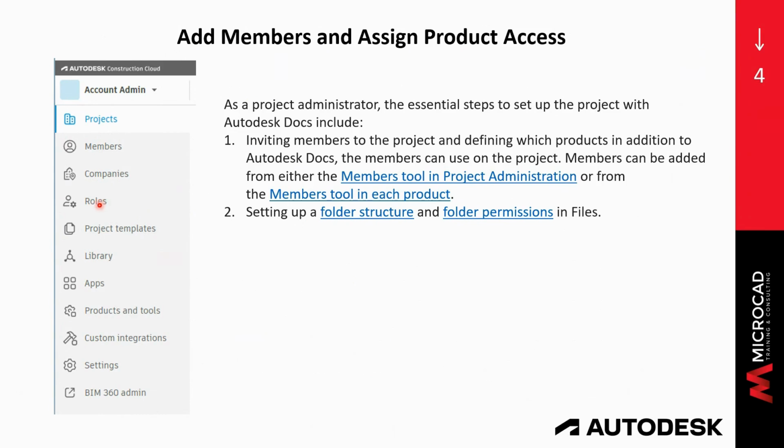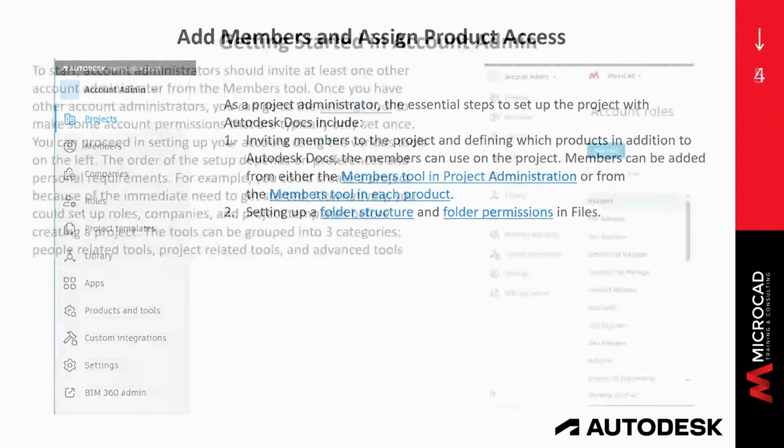When you create a role, you create levels of access for specific roles. Then when you add a member to your project, you assign them a role, and that will determine the level of access they will have by the role. Okay, so that is how that is handled.